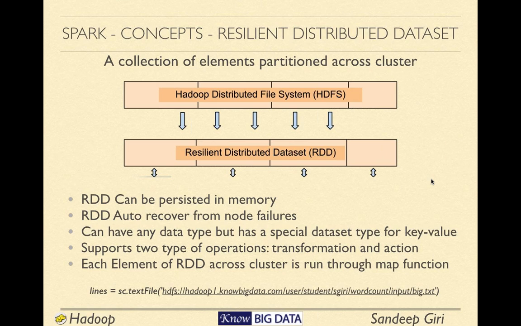Okay. Now, this data could be anywhere. Under the hood, it could be a normal file system. It could be in HDFS. It could be at various places. So Spark provides you a way to load this data from various places. Okay.